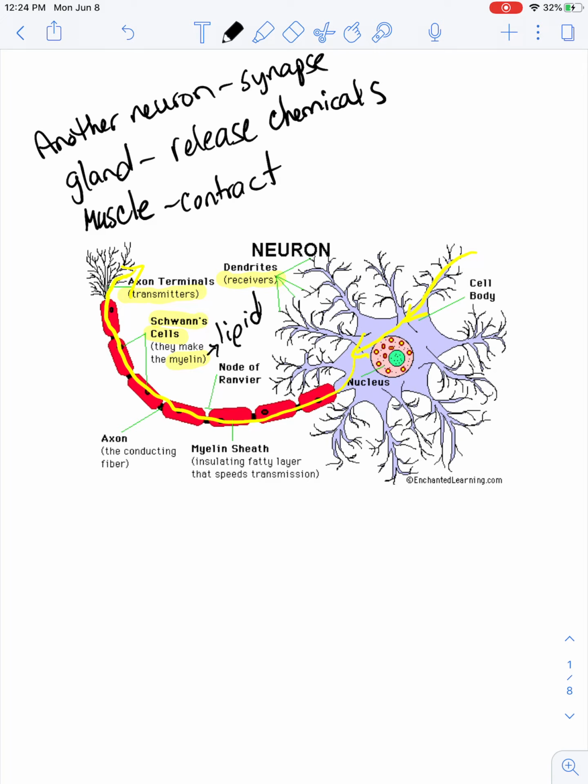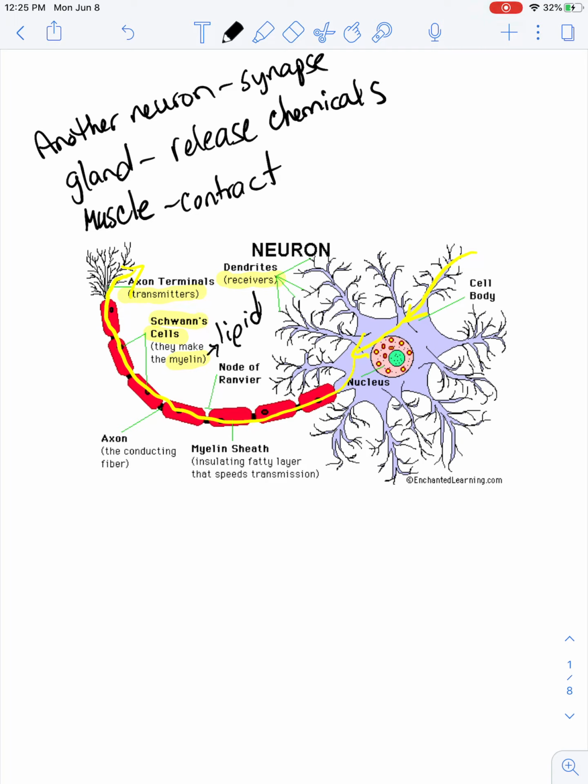So people who have MS, multiple sclerosis, their myelin, those fatty cells that cover the axon, actually the fatty part starts to degrade, and sometimes it causes the signals, the electrical current, to jump from one neuron to another, or just stop altogether.